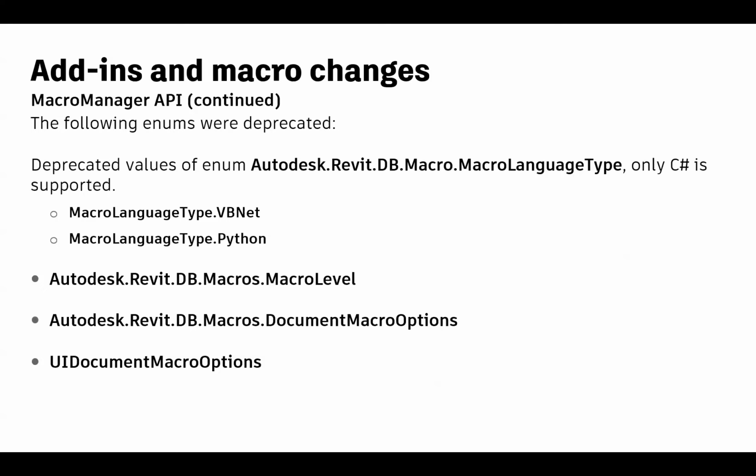We deprecated values of the enum MacroLanguageType, since only C# is supported as the language for macros in Revit 2025. So basically, VB.NET and Python are no longer acceptable options. Also, we deprecated macro level in macros and document macro options, and also UI document macro options.